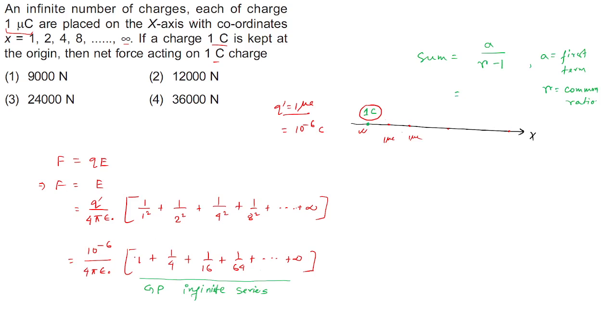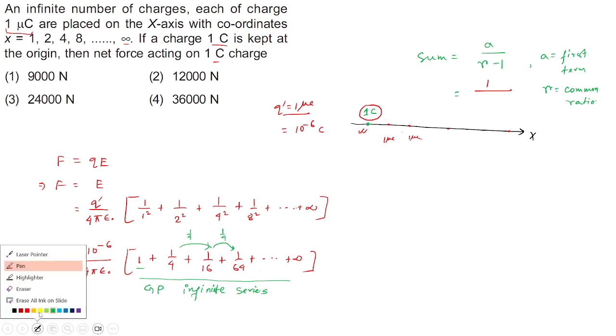Here the first term is 1, so a is equal to 1. And what is the value of r? See, if we multiply 1 by 4 with the first term, then we will get the second term. Correct. Similarly, if we multiply 1 by 4 with the second term, we will get the third term. Similarly, if we multiply 1 by 4 with the third term, we will get the fourth term. So the value of r here is 1 by 4.